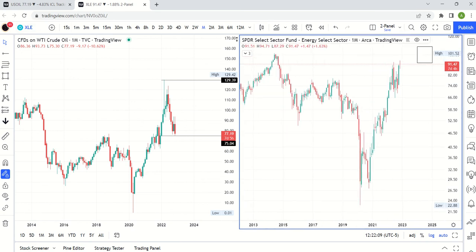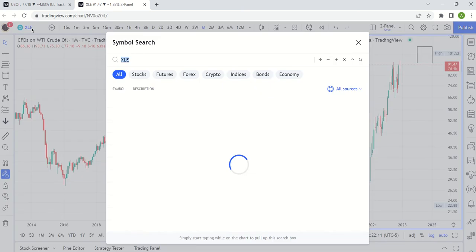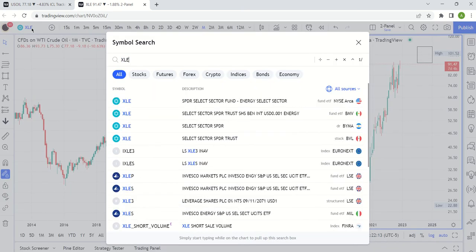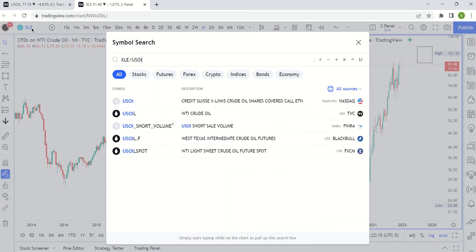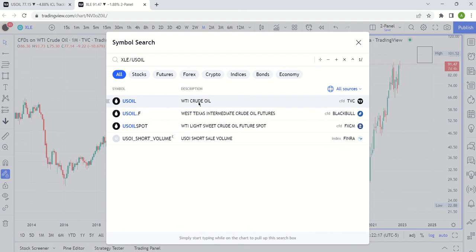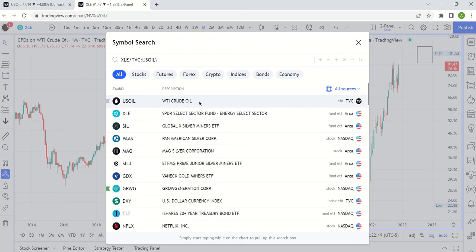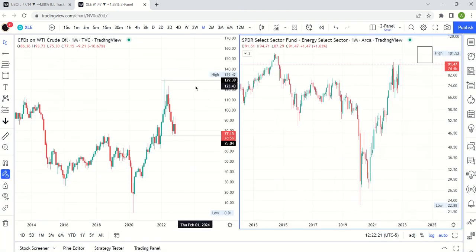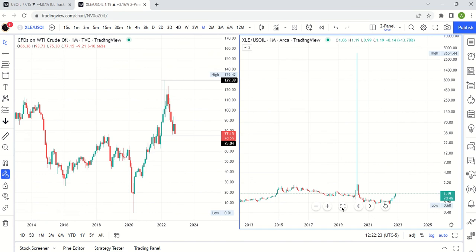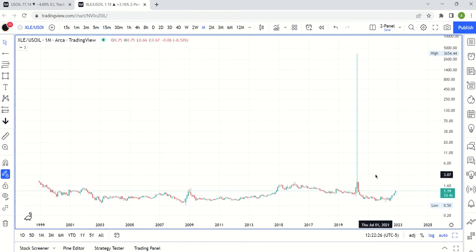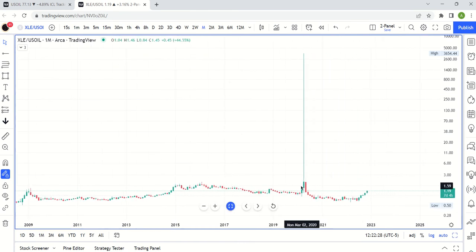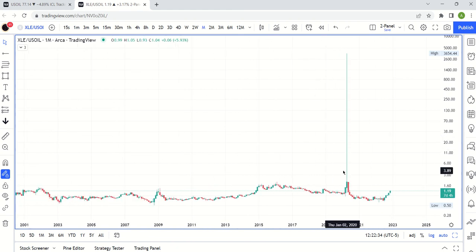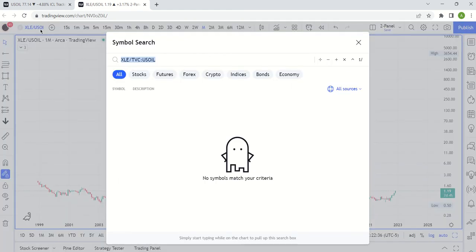Maybe let's look at the ratio chart of XLE to US oil. That might help. Okay, that's going to look kind of ugly because of the craziness that happened with price in 2020 when it went negative. That is mucking this up.